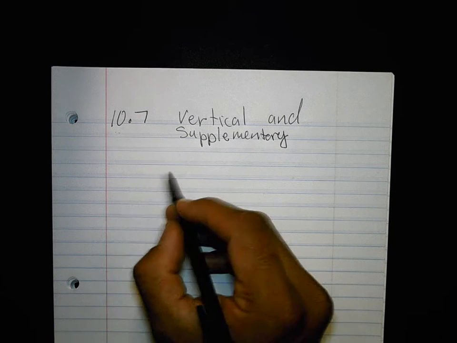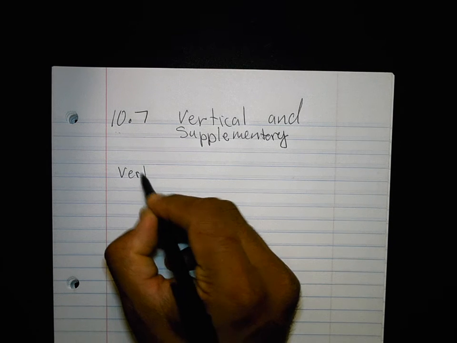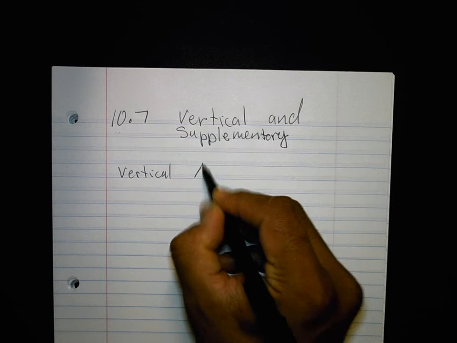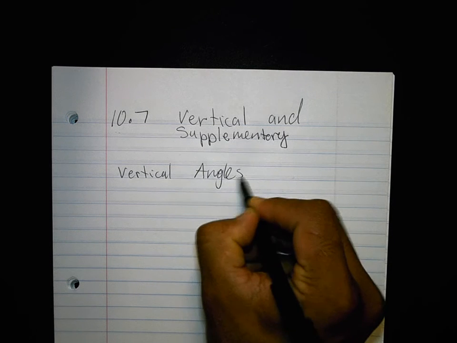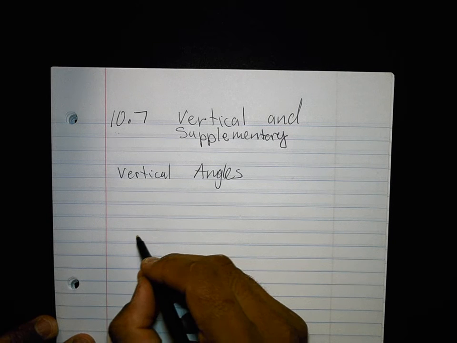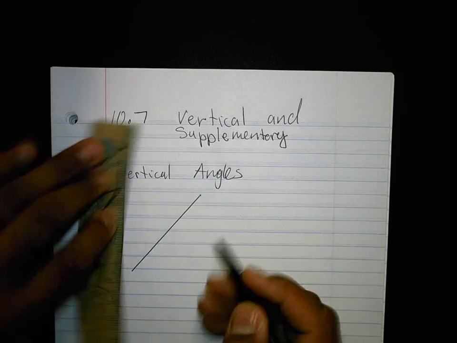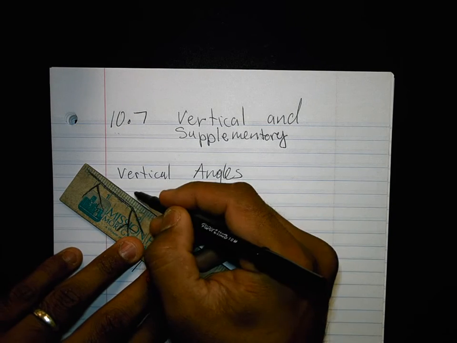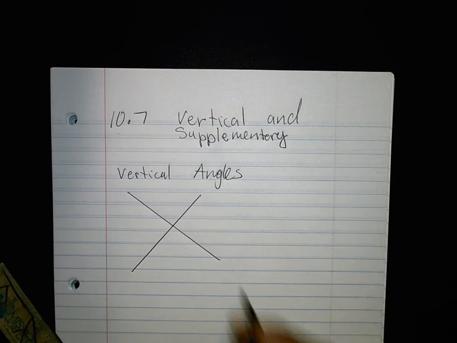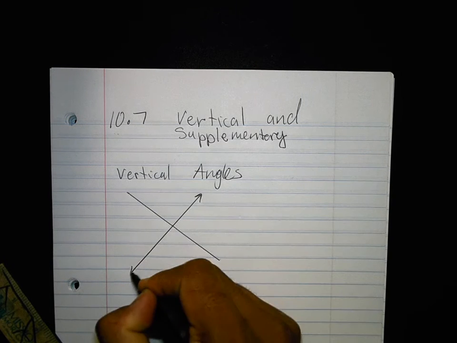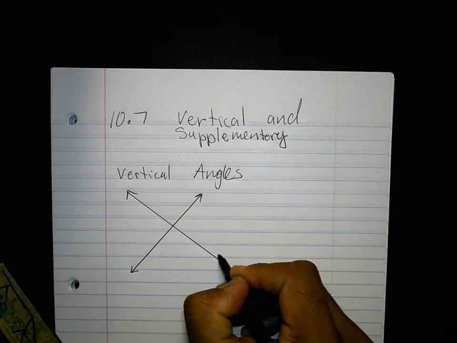So if you remember, vertical angles come from two intersecting lines, and they're the ones that are opposite each other.